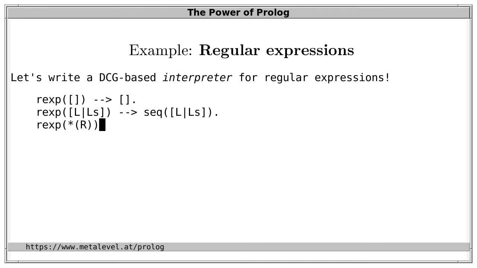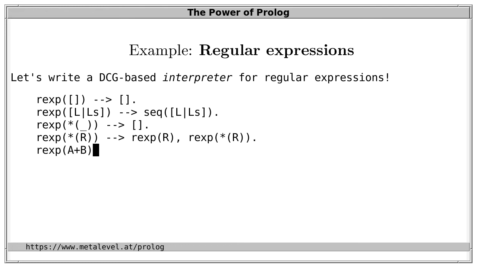So star of R shall mean either the empty sequence, where we don't need to take R into account at all, or it means that the sequence described by R occurs at least once, and then occurs 0 or more times again. So in other words, star of R means R occurs arbitrarily often.